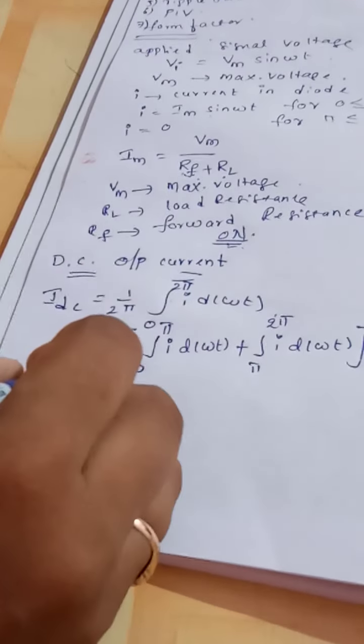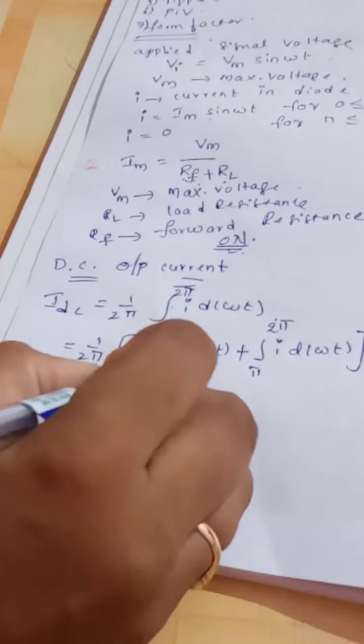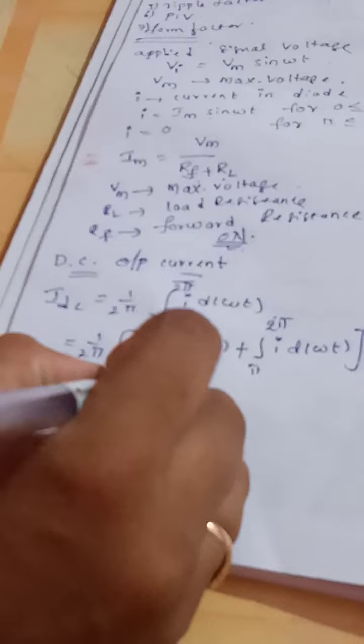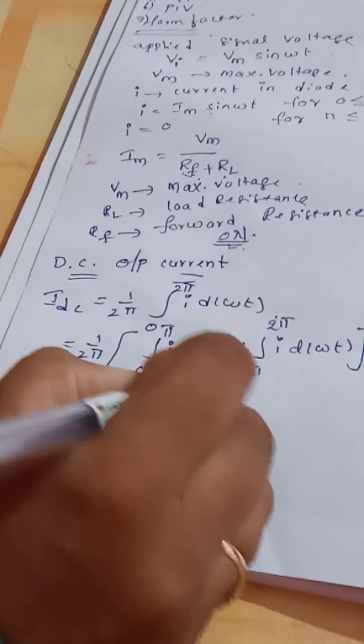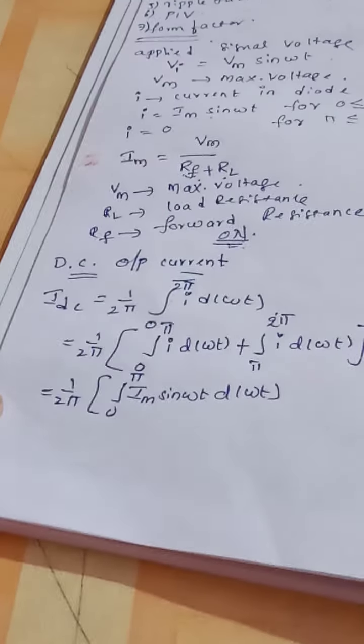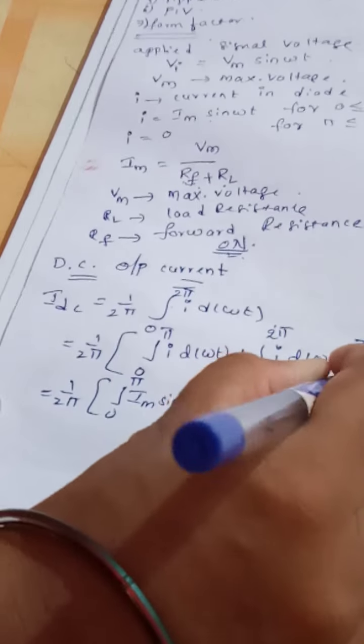Okay, and now this is equal to 1 by 2 pi, integral 0 to pi, and in place of i we substitute Im sin omega t d(omega t), plus the integral pi to 2 pi.